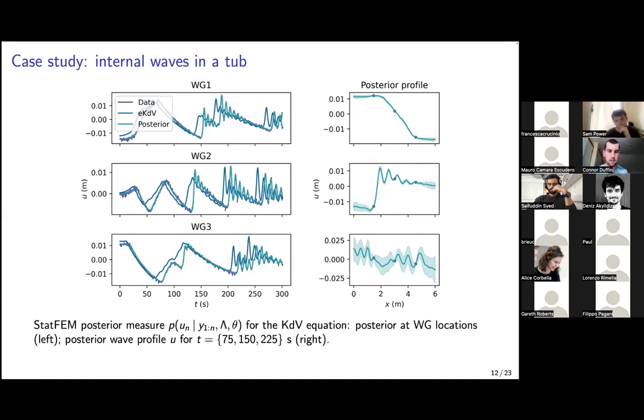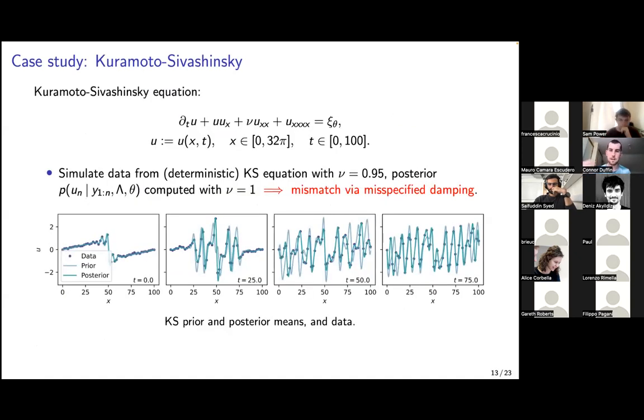The next example we looked at is the Kuramoto-Sivashinsky equation, which is a nonlinear PDE. Again, in this case, you can observe spatiotemporal chaos owing to the balance of these 3 terms inside of the PDE.